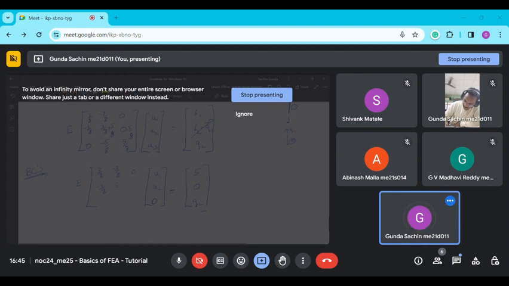Our work became easy. So 5 plus 3 is 8 by 8, minus 5 by 8, minus 5 by 8, 5 by 8. Okay. So now you have applied the boundary conditions. You can solve this system of equations right now.